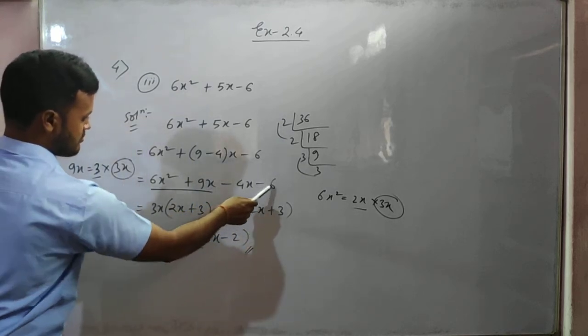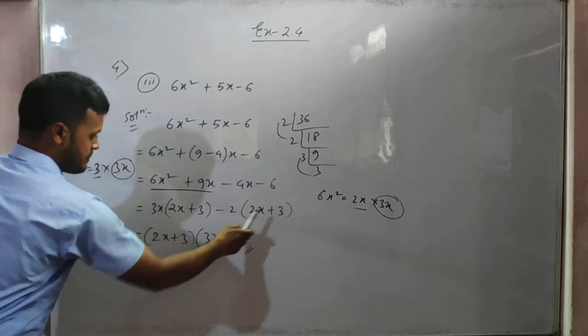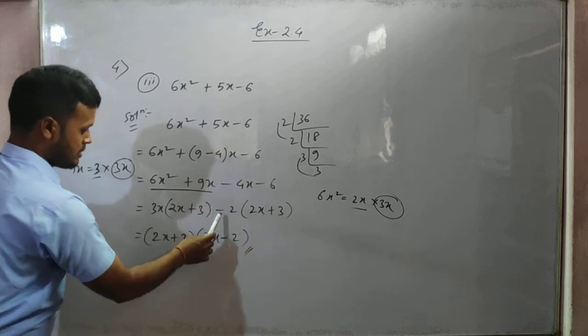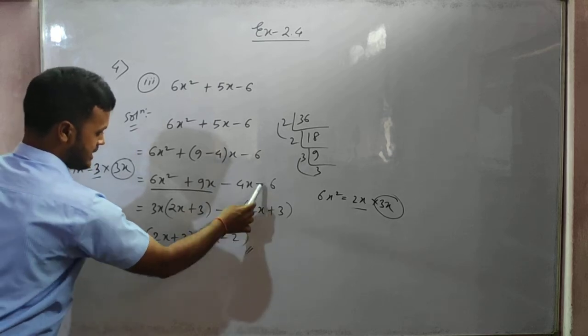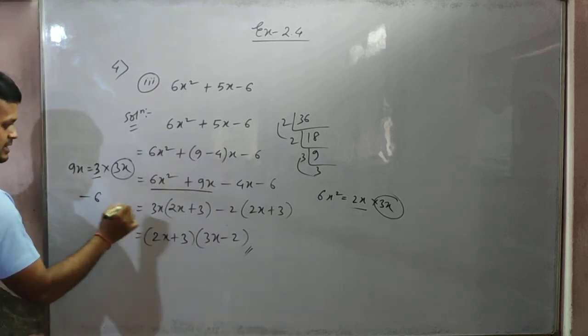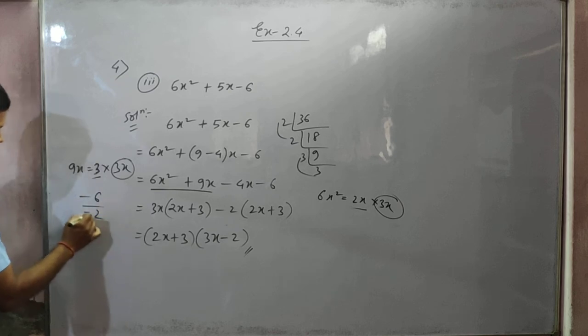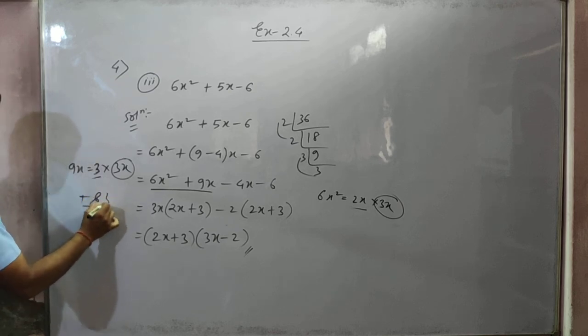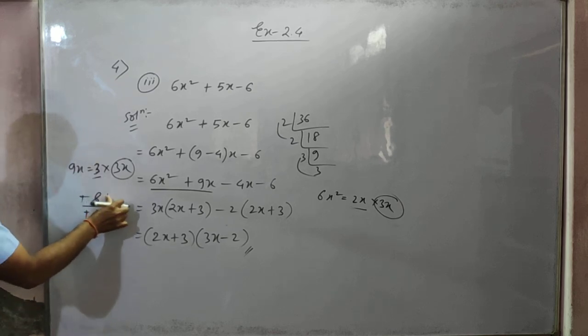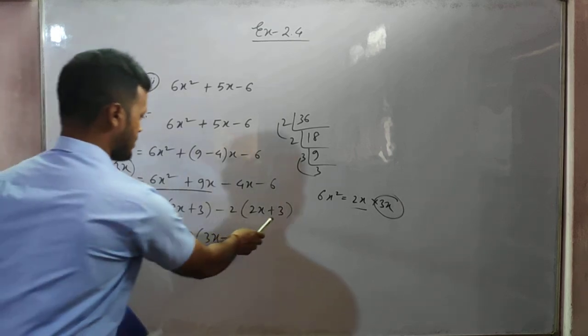From here I will get plus 3, because once you open this bracket, minus 2 into 3 is minus 6. Another way: from minus 6 if I take minus 2 common, minus minus cancel, what will be the answer? Plus 3. Understood? So therefore I wrote here plus 3.